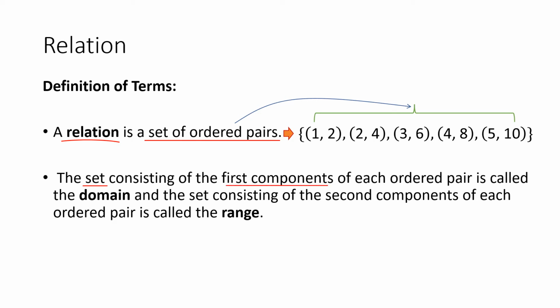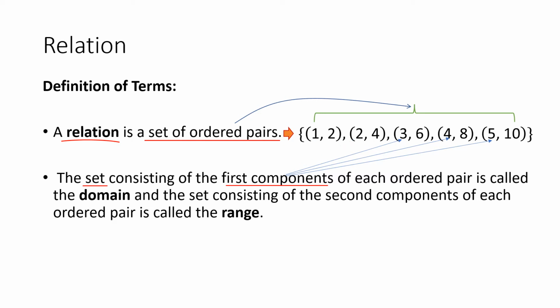Now, what are the first components of the given relation? We have 1, 2, 3, 4, and 5.